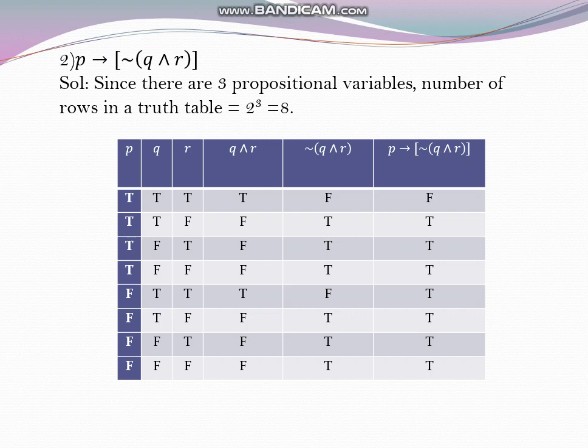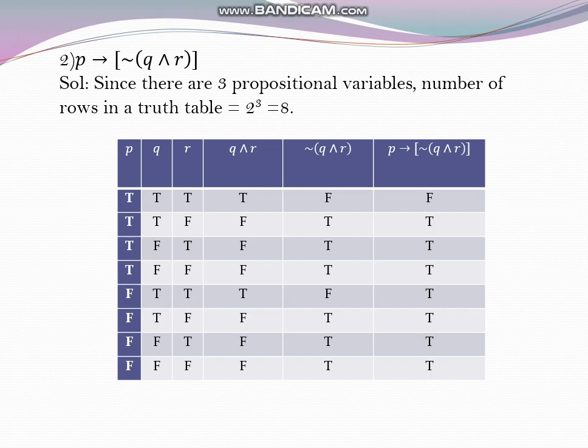The negation of Q and R will be false when the statement is true, and true if the statement is false. So we have written the negation of Q and R. Now the implication statement, P implies negation of Q and R. That means we are talking about the first column and the fifth column. And we know that an implication is false only when the first column gives you true and the next column gives you false. So we have the last entry as F and the rest of the entries are true.